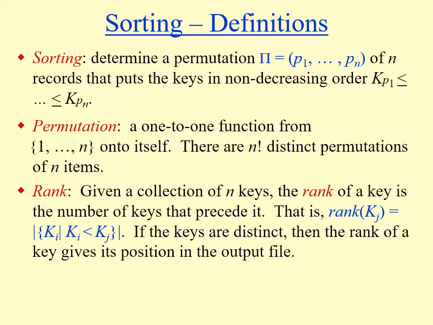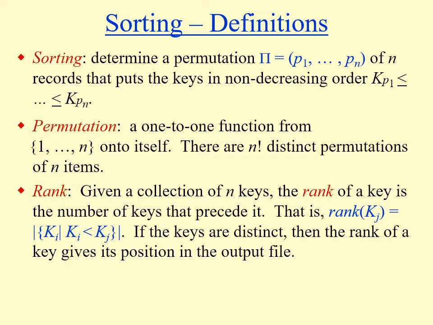For this one, if we learned the permutation before, we know in total you have n factorial distinct permutations for n items, because that's n times n minus 1 times n minus 2 down to 1.